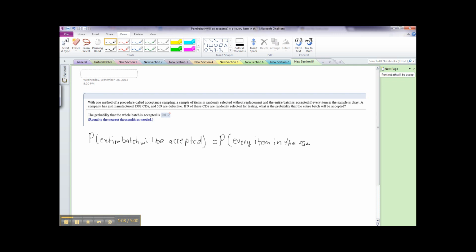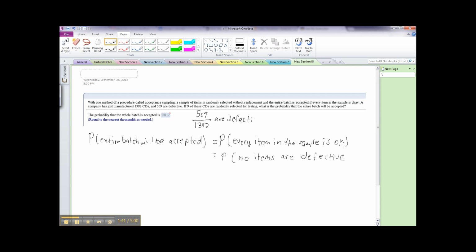And if every item in the sample is okay, that means that none are defective, so no items are defective. Okay, so what do we need to figure out here? Well, 509 out of the 1,392 are defective.